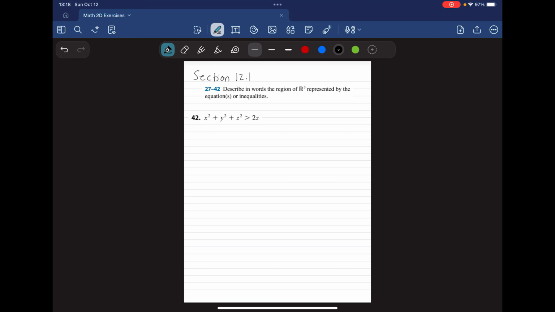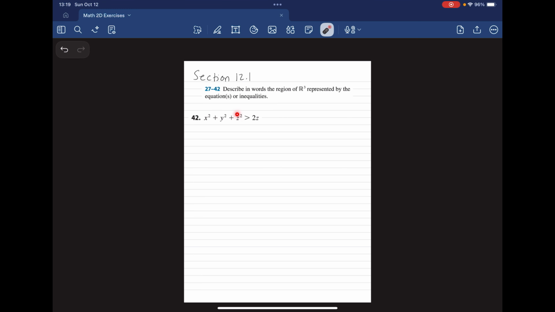Okay, so whenever I see inequalities like this, in particular, the things I look for are these x squared, y squared, and z squared terms, as well as some z terms. Or let me backtrack. When I see x squared, y squared, and z squared, especially when they're added up like this, the first thing I think is this could be maybe a sphere, or something else.